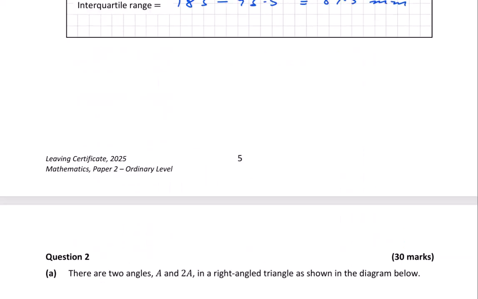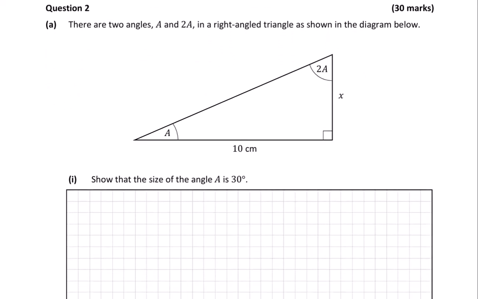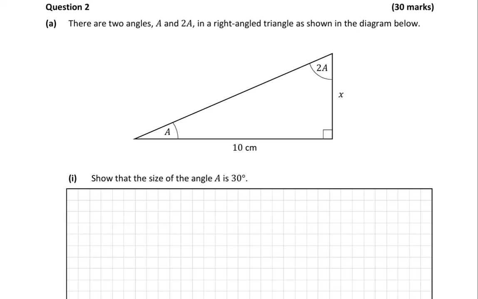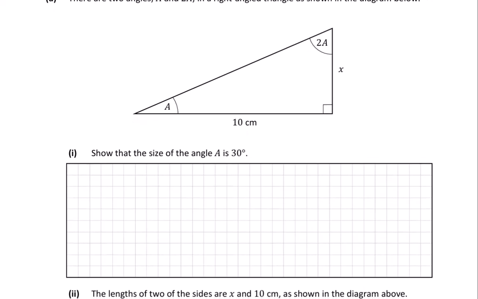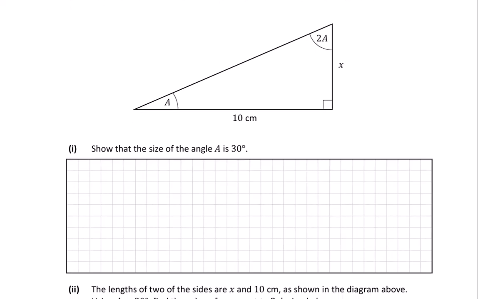Okay, let's look at question 2. There are two angles, A and 2A, in the right angle triangle as shown in the diagram below. Show that the size of the angle A is 30 degrees. What we're going to do here is add up the three angles, because the three angles added together give you 180 degrees. So A plus 2A plus 90 degrees is going to give us 180 degrees.